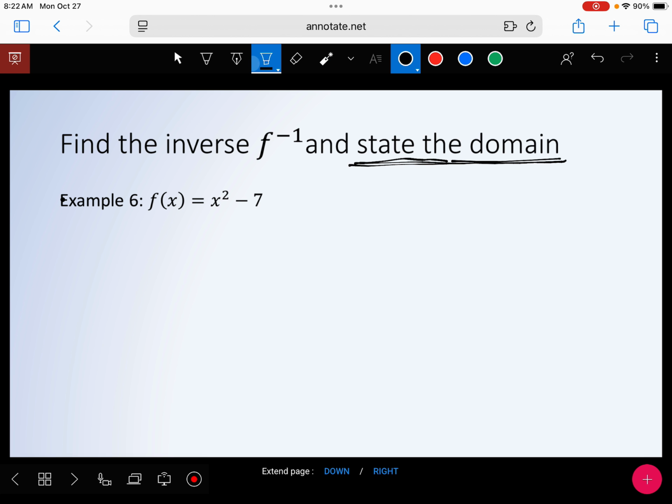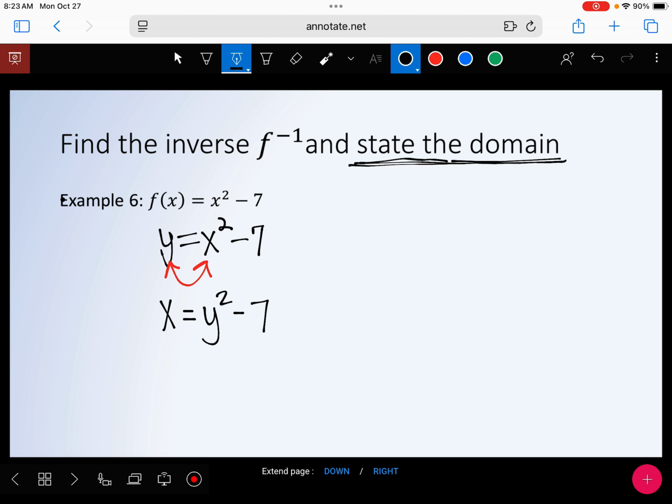So f of x is the same as y. And now to find the inverse, we're going to flip these two. Which instead of y equals x squared, it's going to be x equals y squared. And now we need to solve it for y.